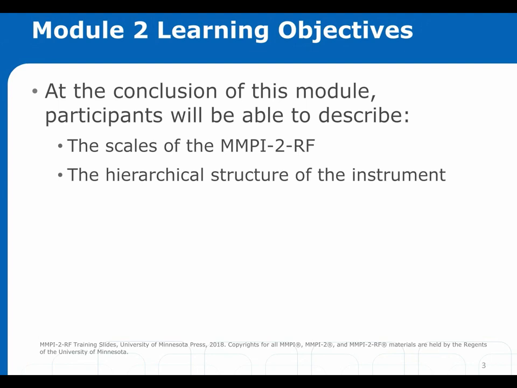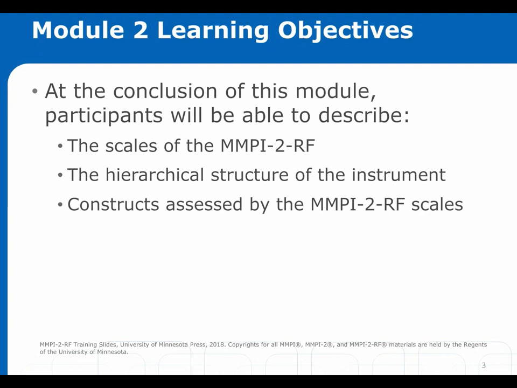As we'll see, the substantive scales of this test are structured hierarchically, where we have, on the one hand, very broad measures of psychopathological constructs, moving into more mid-level and more specific measures as we go throughout the interpretation hierarchy. And then finally, we'll discuss the psychological constructs that are assessed by the MMPI-2-RF scales.